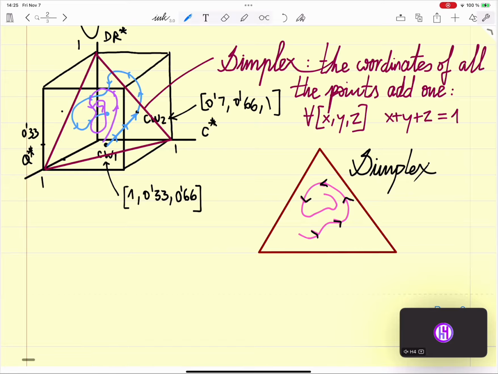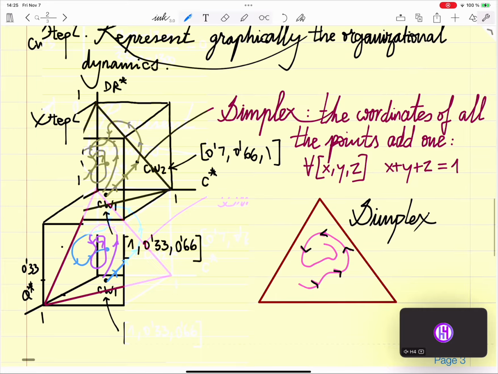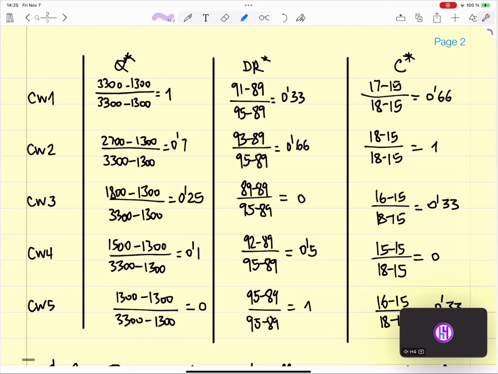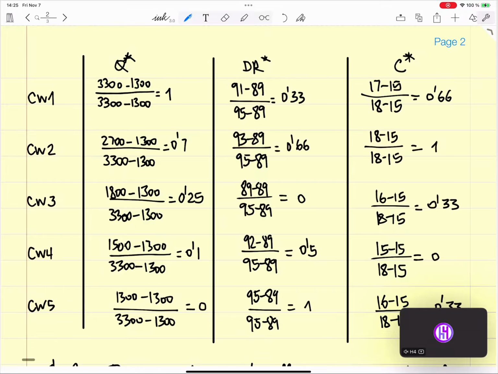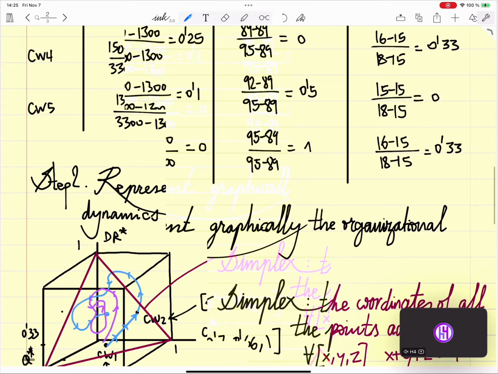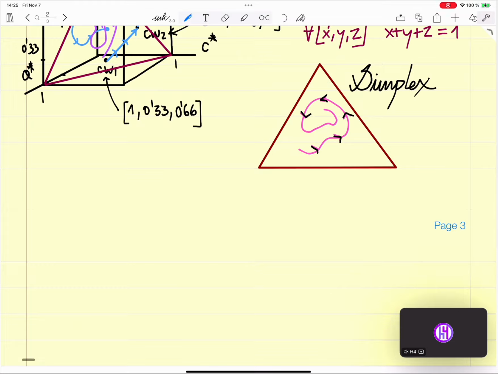So in order to do this mathematically, we need to make sure that all the points of calendar week 1 add up to 1. So we have 1, 0.33, and 0.66. In order to do so, we need to do step 3, which is a temporal normalization.